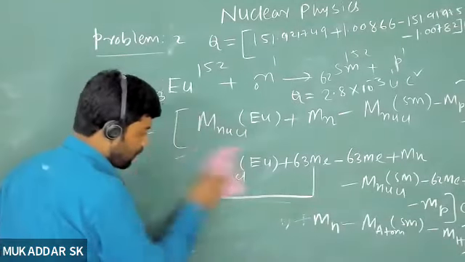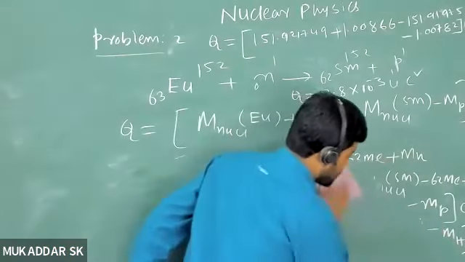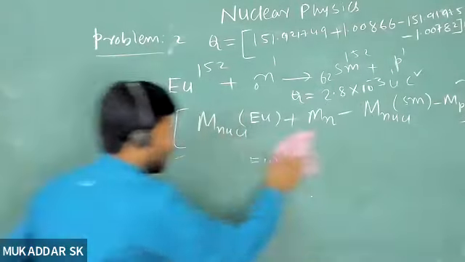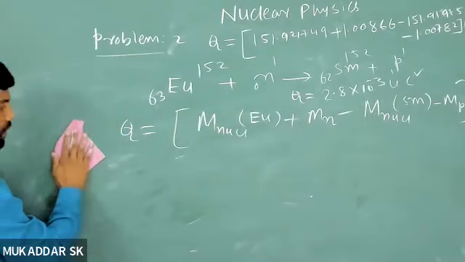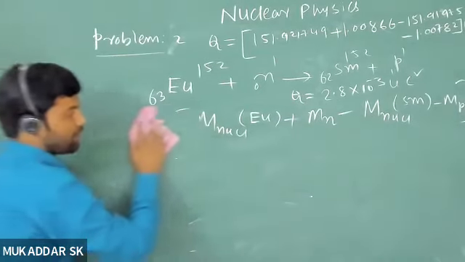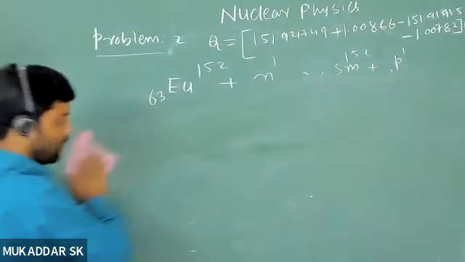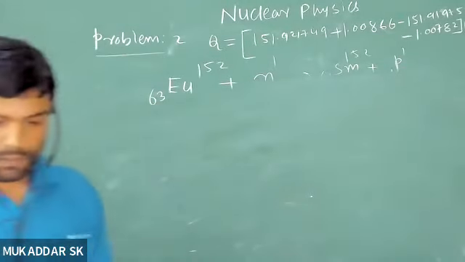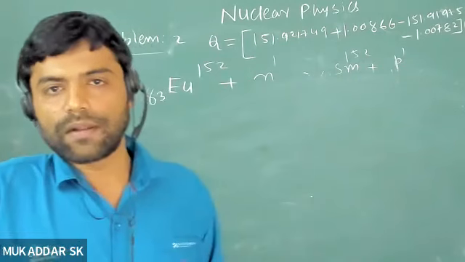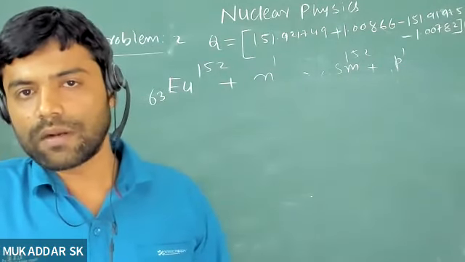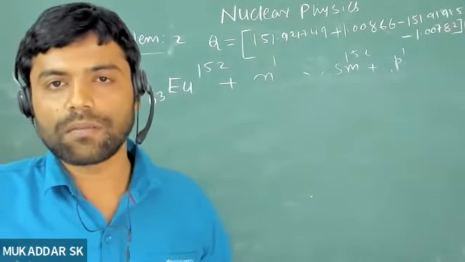Now this is all about your liquid drop model and related problems. But the liquid drop model has some limitations. It cannot describe all nuclear phenomena or nuclear properties. It can explain the energy release in beta decay, in beta minus decay or beta plus decay.